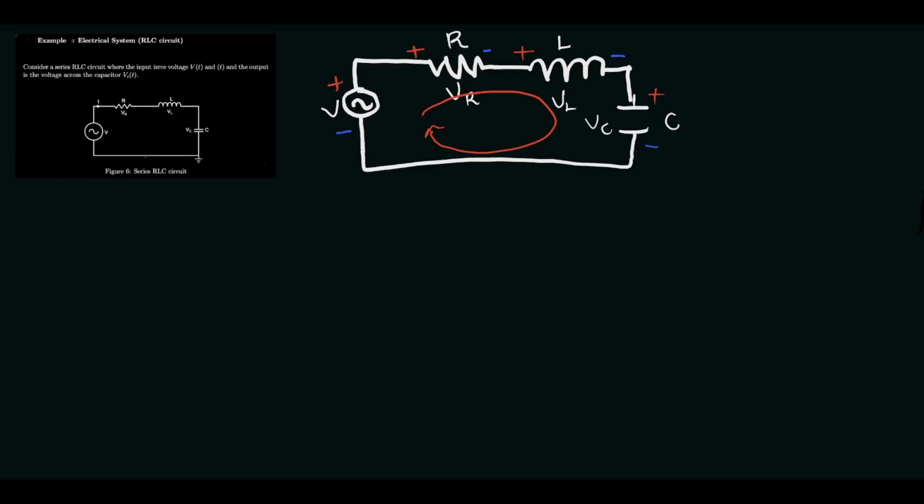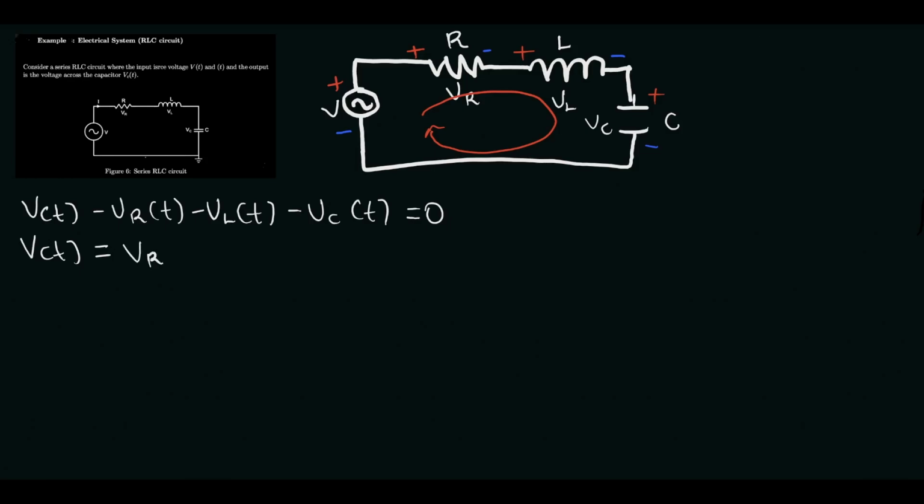So solving for V here, we have V(t) minus VR(t) minus VL(t) minus VC(t) equals 0. So making V(t) the subject of the formula, V(t) equals VR(t) plus VL(t) plus VC(t).